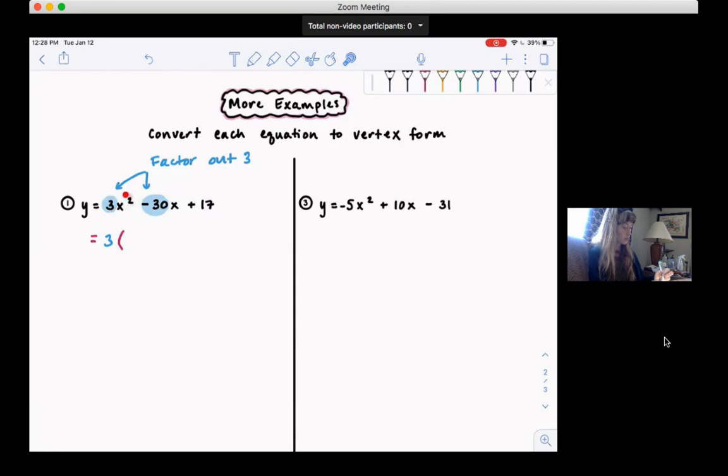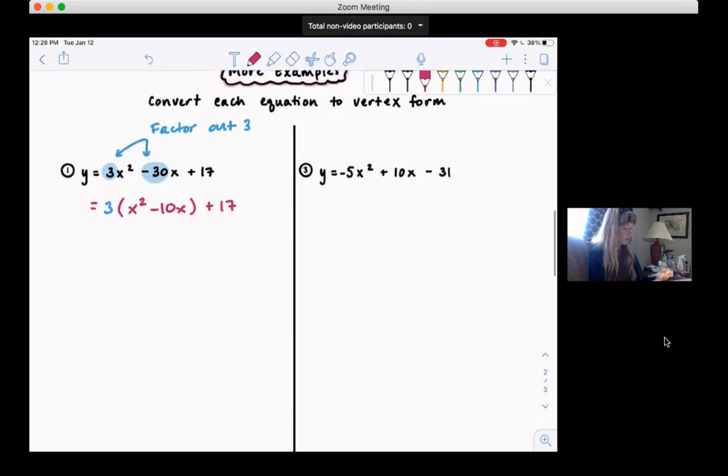So 3x squared, undistribute a 3 or divide out a 3, left over would be just x squared by itself. And then negative 30x, if we undistribute a 3 or divide by 3, we're going to be left with minus 10x. And then we still have plus 17.